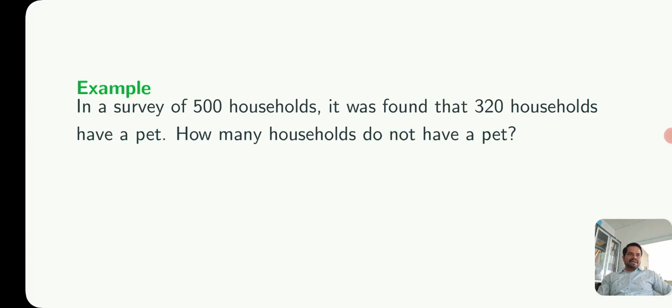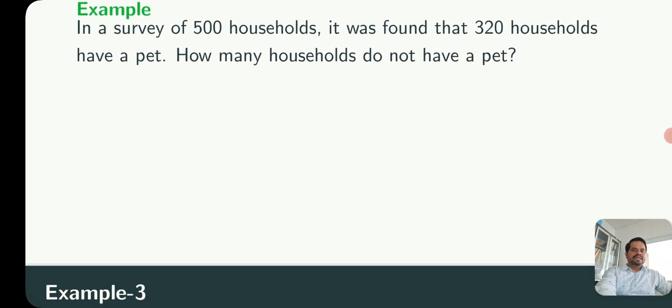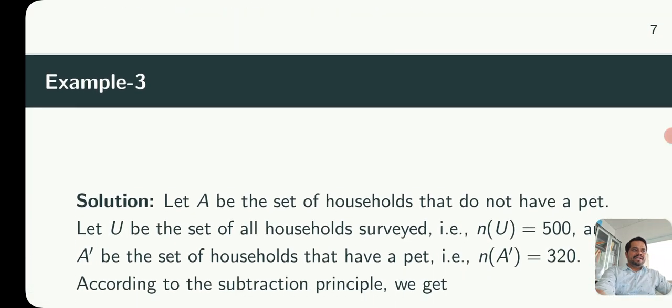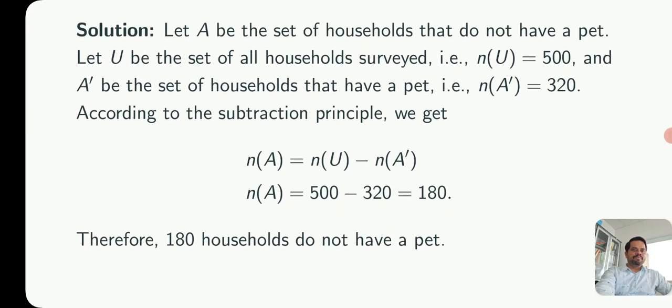Look at the statement of this example. We denote by A the set of households without a pet, and U represents the set of all surveyed households. Automatically you can get A dash, which represents the set of households with a pet.